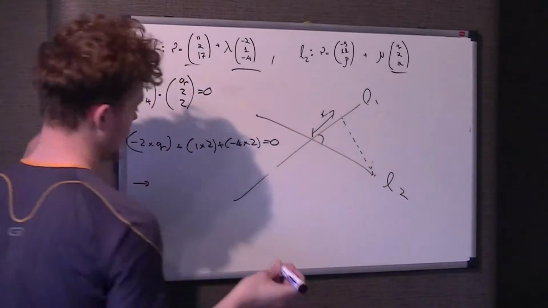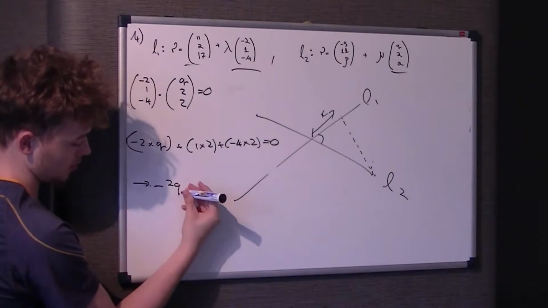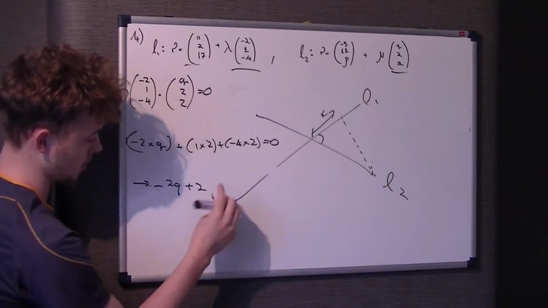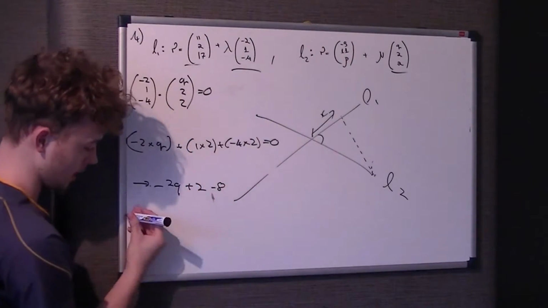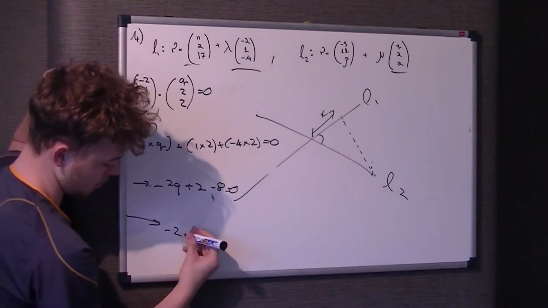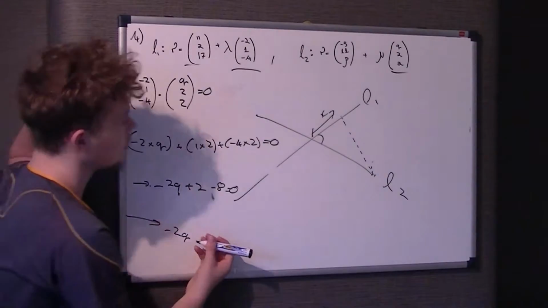So if we simplify each term, we get -2q + 2 + 2 - 8, and if you simplify that down, that's equal to 0. So -2q, I've done this right.